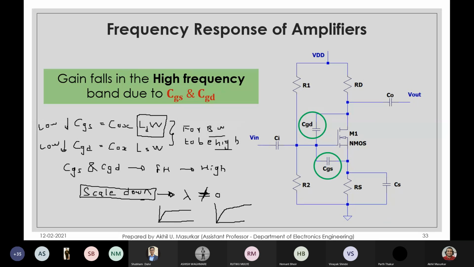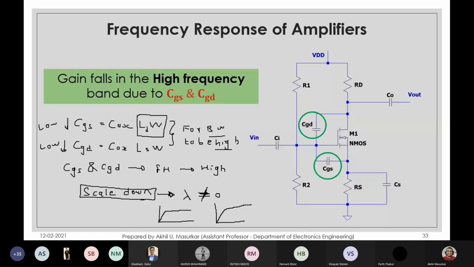That means the amplifier will operate over a very large frequency, but there will be distortions in the signal that you are trying to amplify. So whether to scale down or not is a very big decision in analog.